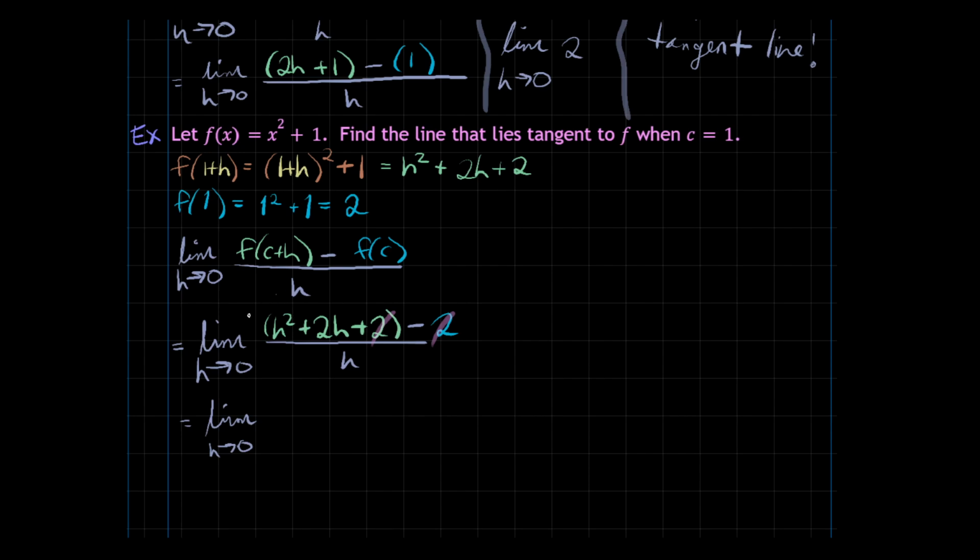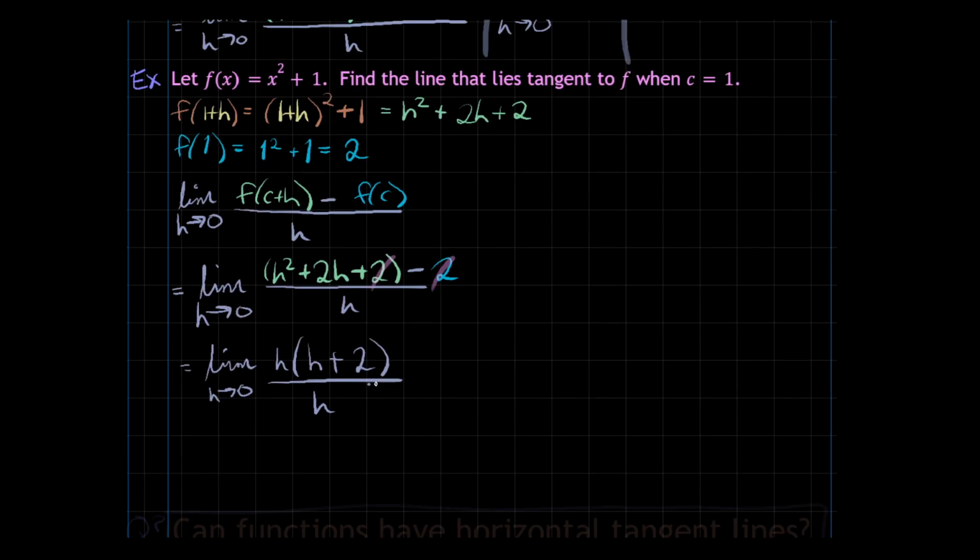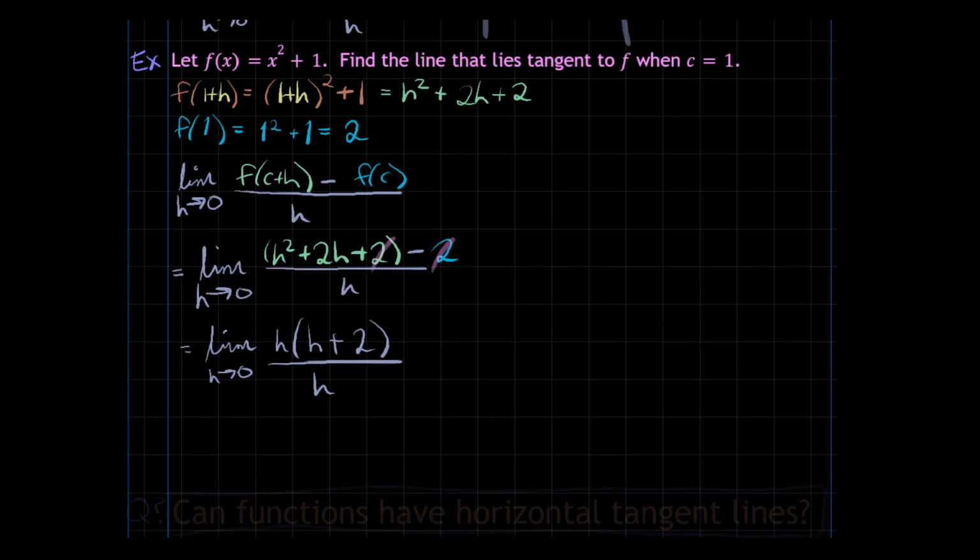And I can pull an h out of those. So I'll go ahead and show that in this step as well. h times h plus 2 over h. Cancel there.